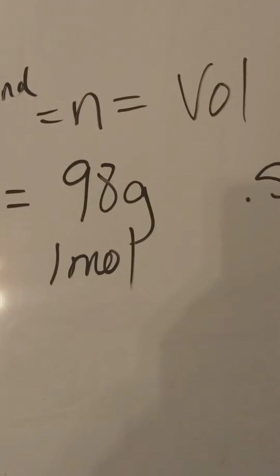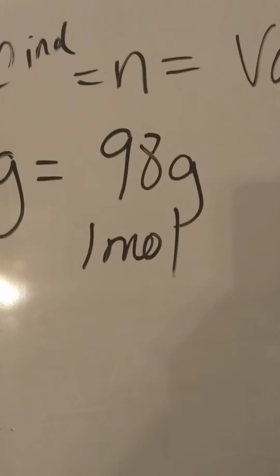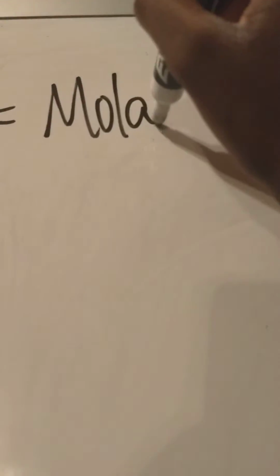Now, the next thing that will help you is to remember that molarity equals moles over liters, which is equal to moles times 1 over liters, which is equal to moles times liters to the negative 1.